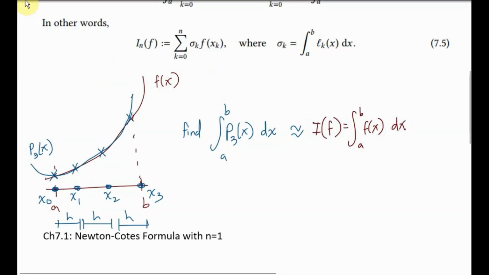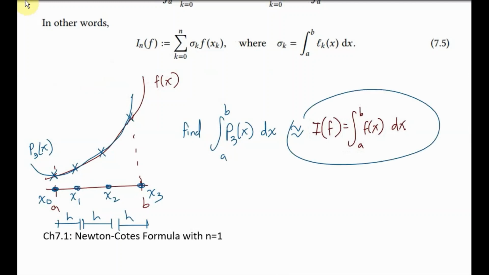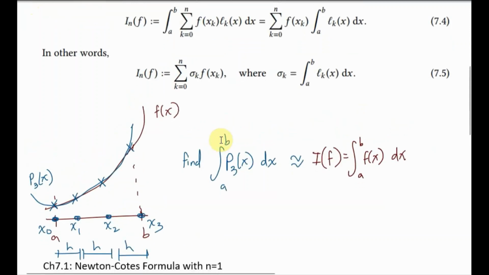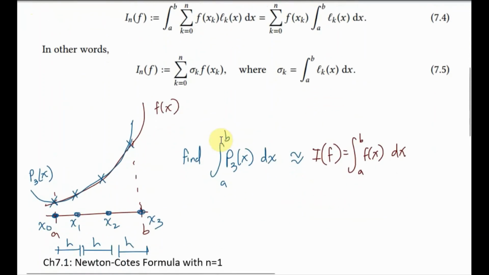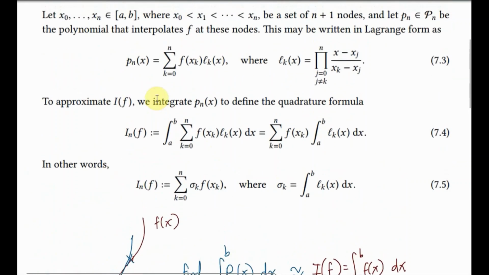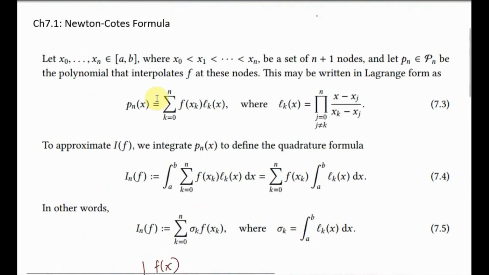If our approximation method is good enough, then it will be close to the exact integral. But again, it's a big if. So that's the idea of the Newton-Cotes formula: we find a polynomial using some nodes, and then we integrate that polynomial.